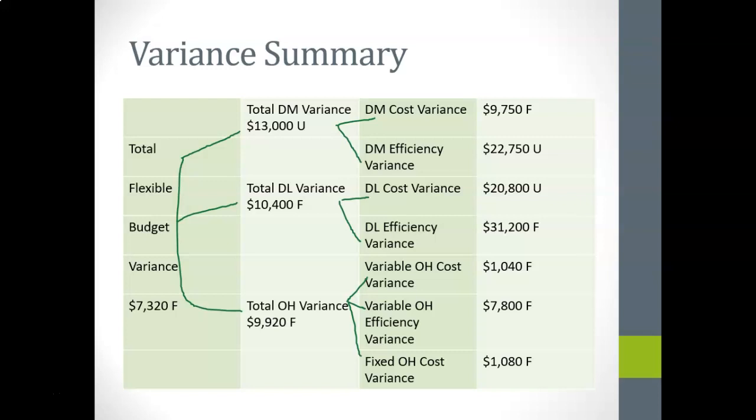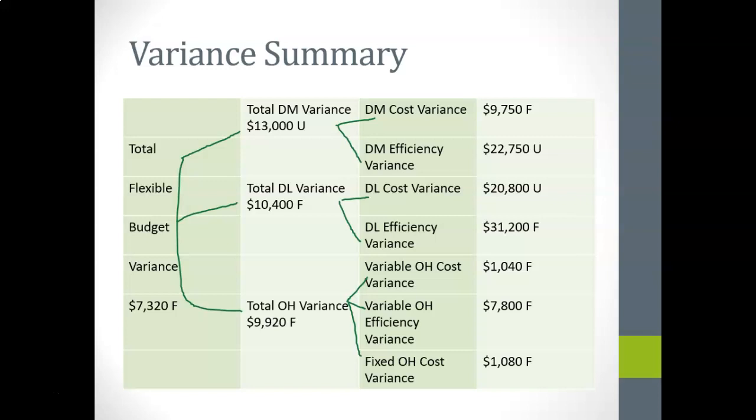Going down on the right-hand side, our direct labor cost variance of $20,800 unfavorable, our direct labor efficiency variance of $31,200 favorable. Together, those equal a total direct labor variance of $10,400 favorable.